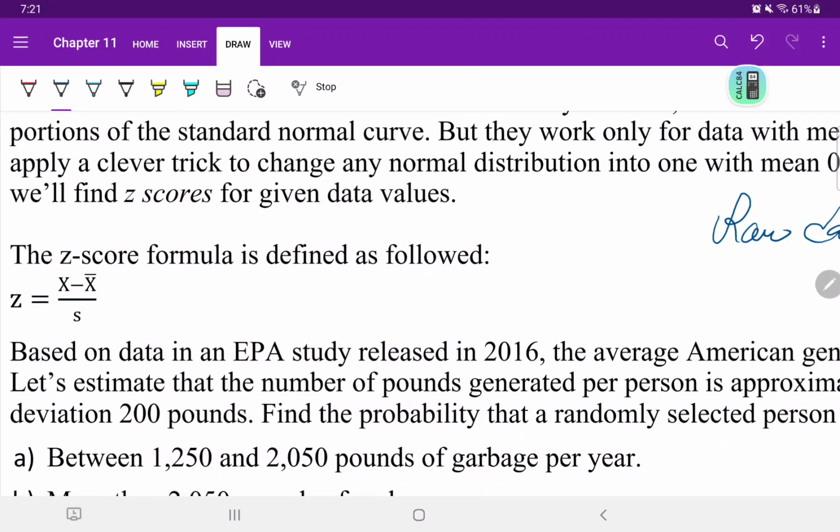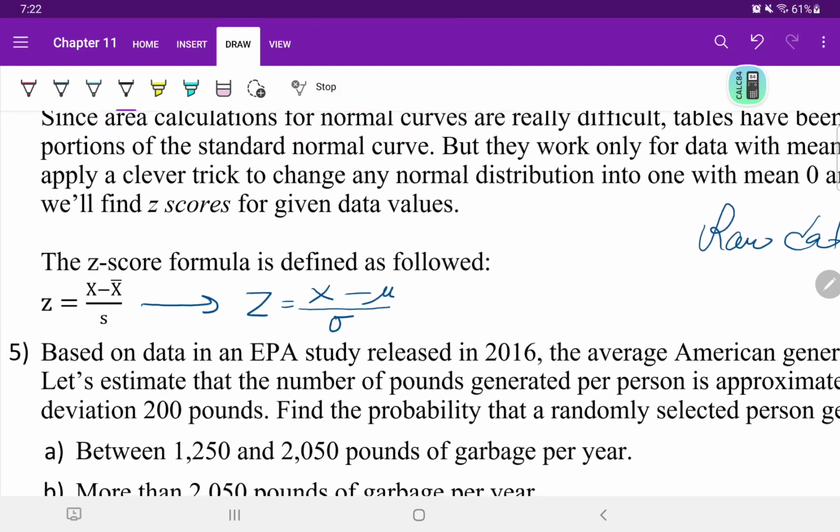Now, the z-score formula is defined below. Z equals x, which is your data value, minus x bar, which is the sample mean, divided by the standard deviation. You will also see your z-score formula written as z is equal to x, which is your data value, minus mu, which is the population mean, divided by lowercase sigma, which is the population standard deviation.